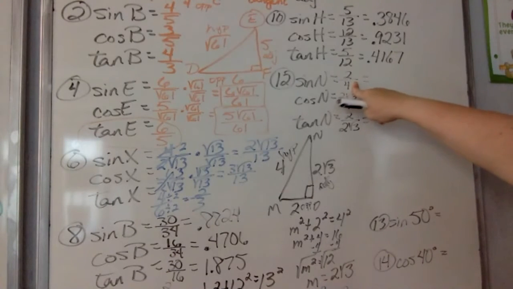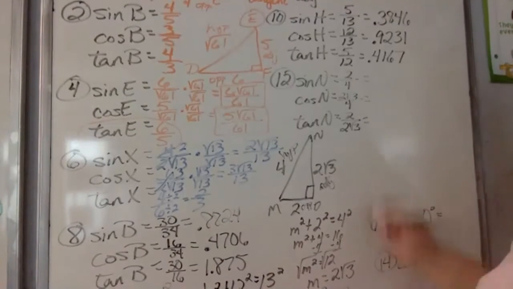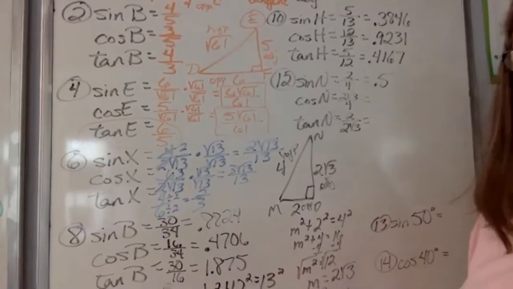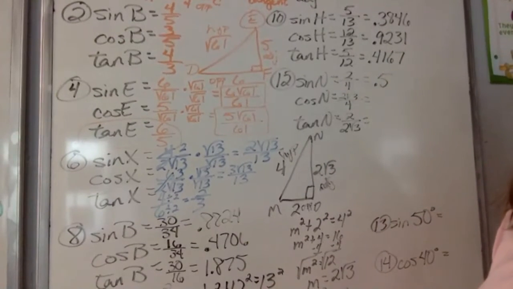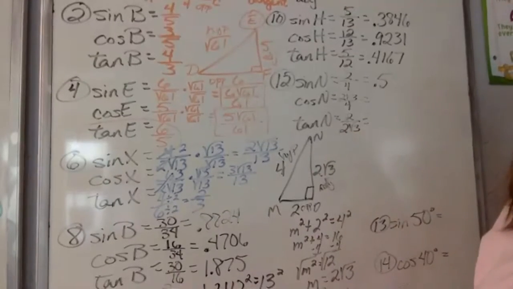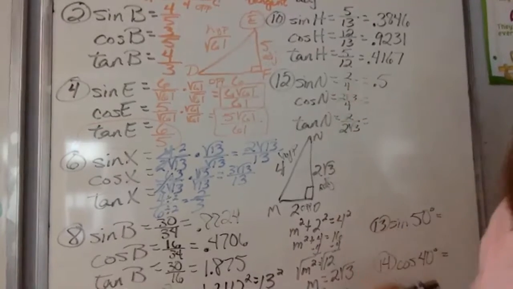No? 0.5. Oh. You've got to put it in the calculator correctly to get the right answer. The number on the top is what goes in the calculator first. 2 divided by 4 is 0.5.